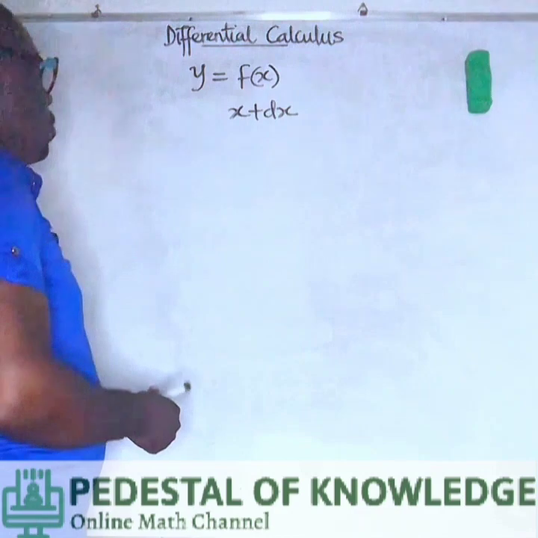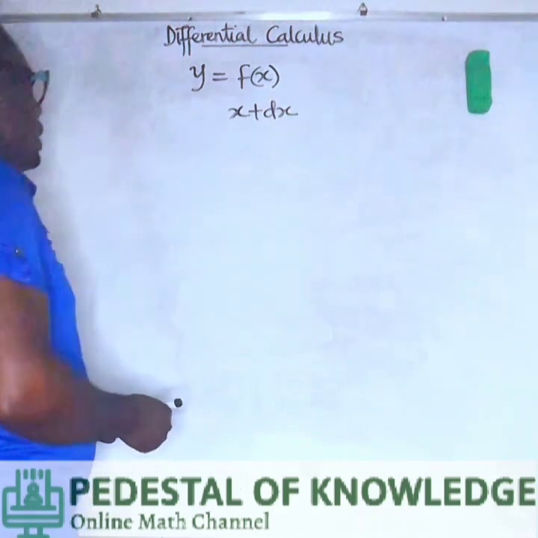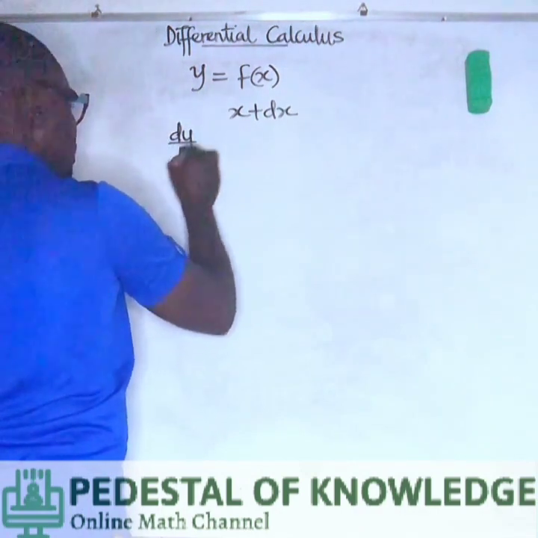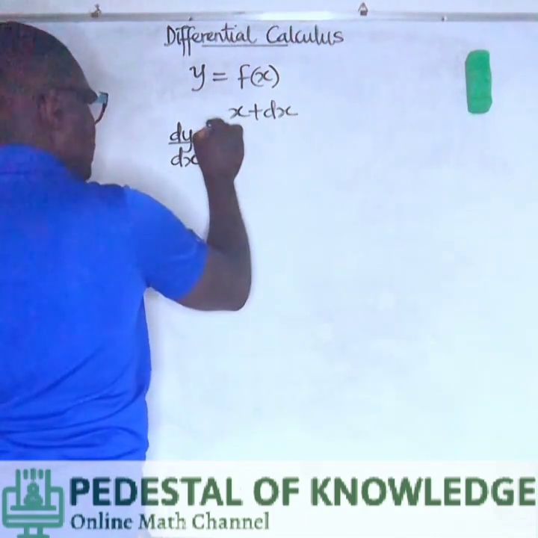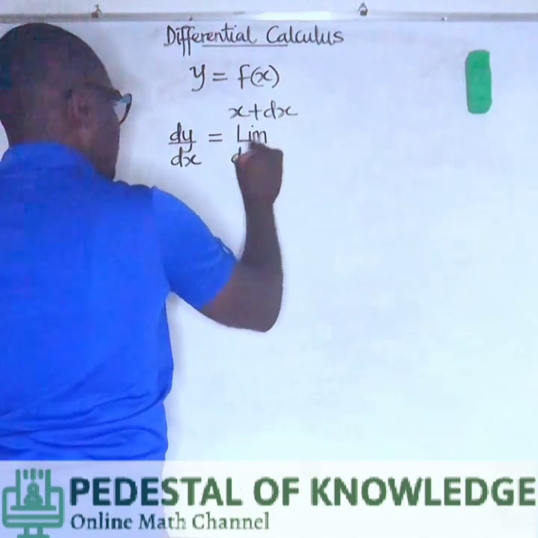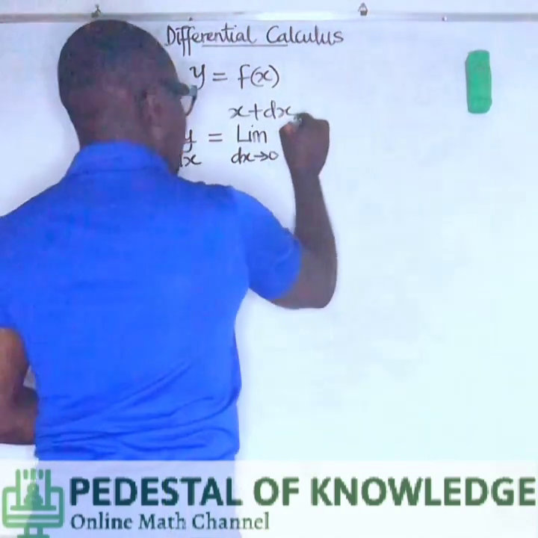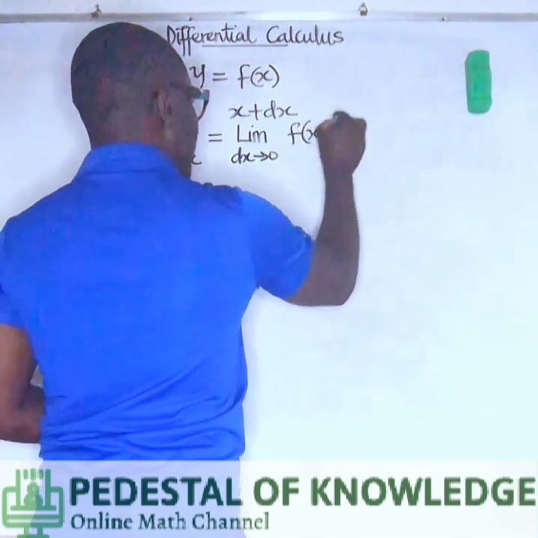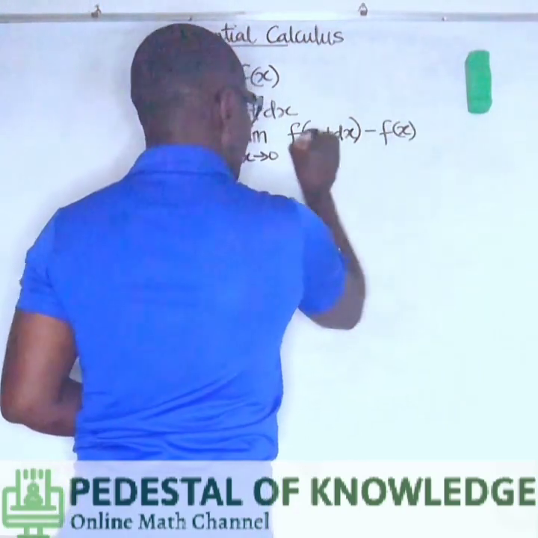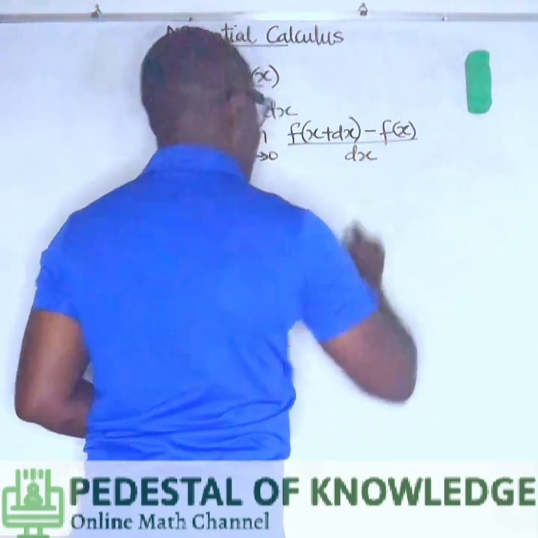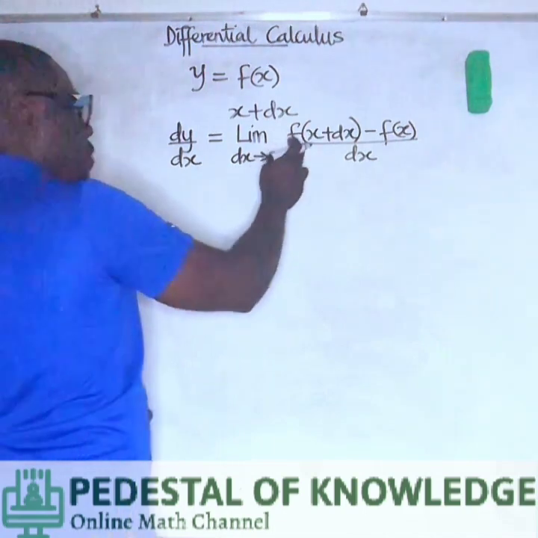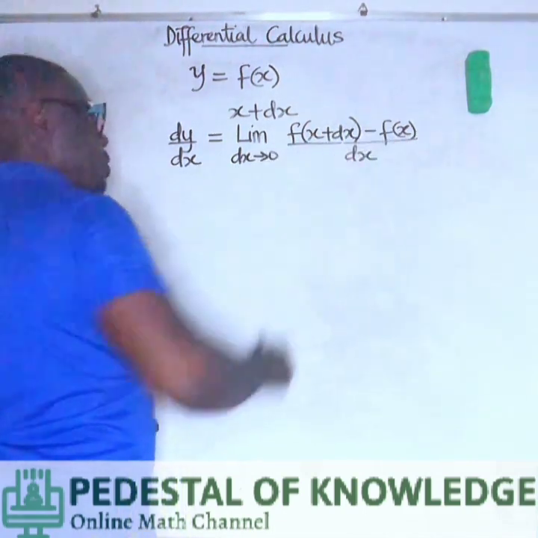And this change in y with respect to x is written as dy dx, and is given by the limiting value as dx approaches 0 of f of x plus dx minus f of x, divided by dx. The limiting value as dx approaches 0 of f of x plus dx minus f of x over dx.